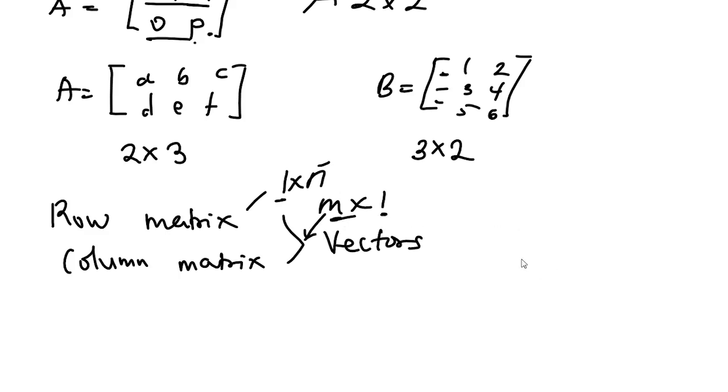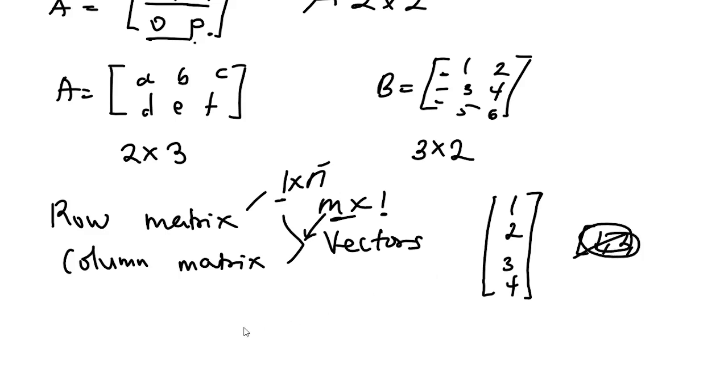Something like, let's say, 1, 3, 4. A matrix like this, and also let's say 1, 2. Sorry, do not write with commas, this is not allowed. So we have 1, 2, 3, 4, like this. So this is also another form. Which of them is a row matrix and which is a column matrix?